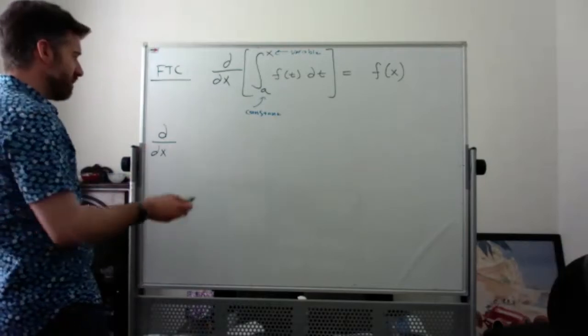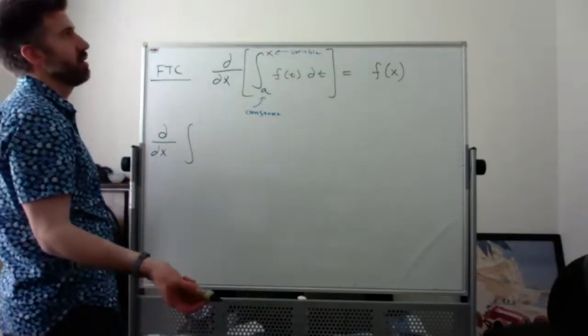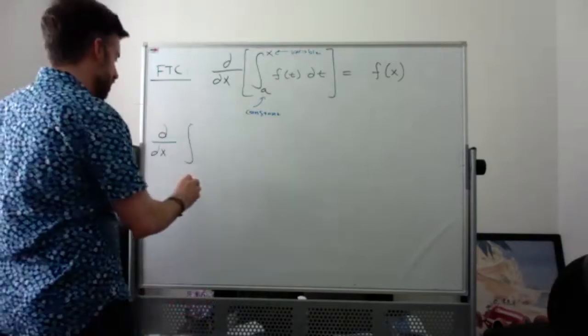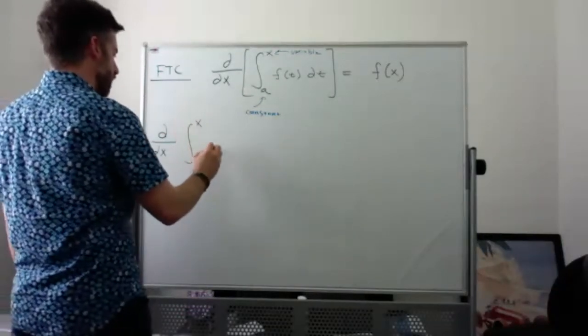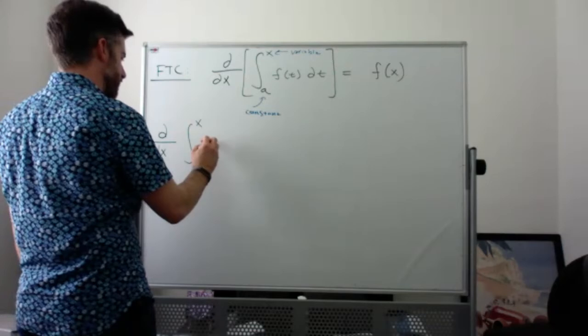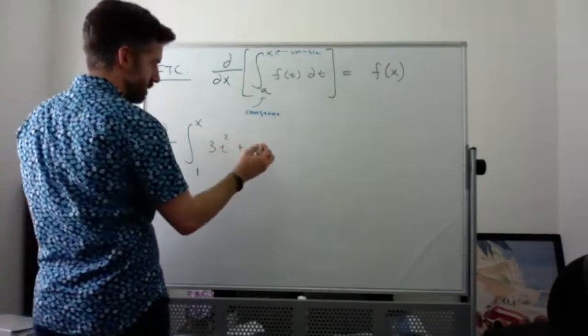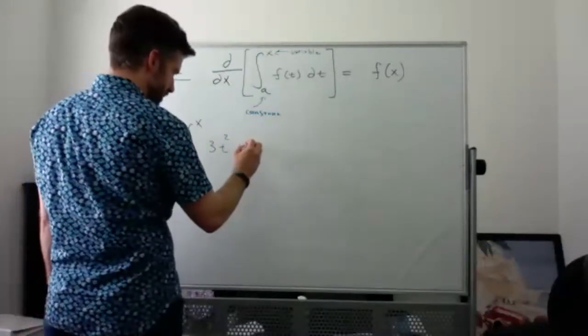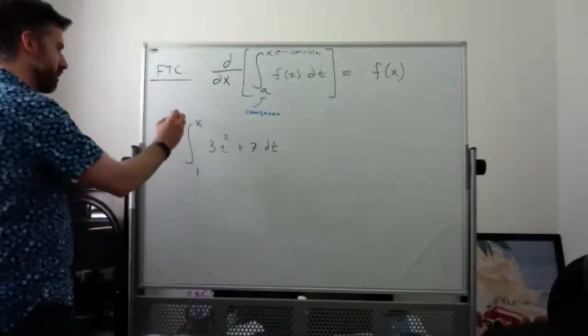So, if I'm trying to find the derivative of the antiderivative, what do I want to do here? Something not too terrible. From 1 to x of, let's make life easy for James, 3t squared plus 7 dt.